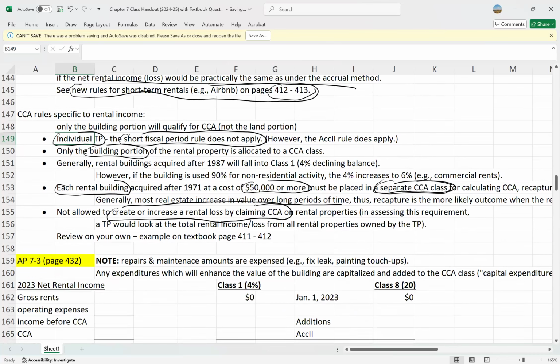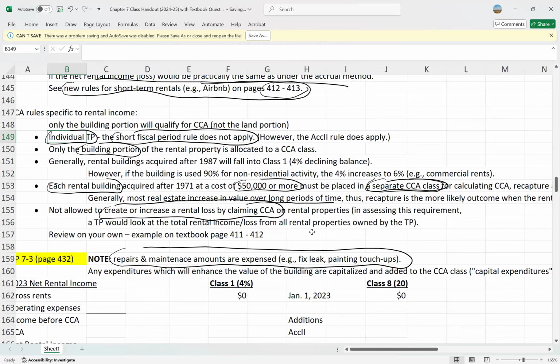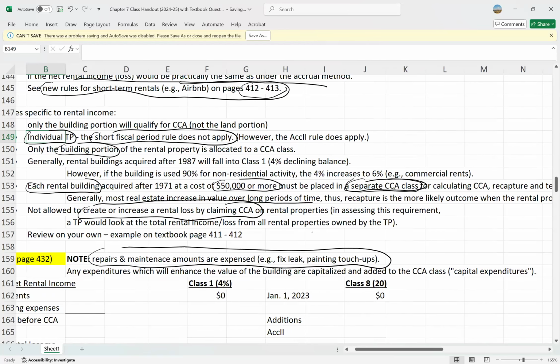One of the things you have to be aware of is the difference between repairs and maintenance. Those are usually expensed. So if you're just fixing a leak, or doing some minor touch-ups, those amounts are considered repairs and maintenance, and those can be expensed. That's different from if you were doing something to enhance the value of the building.